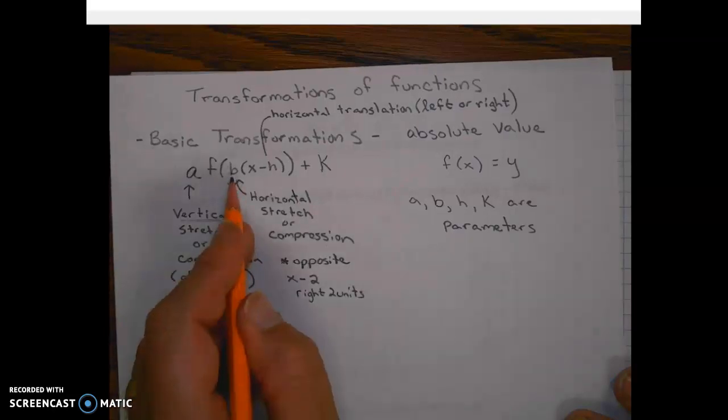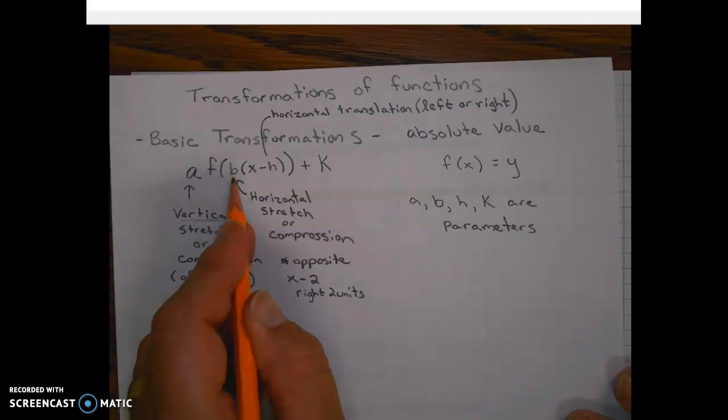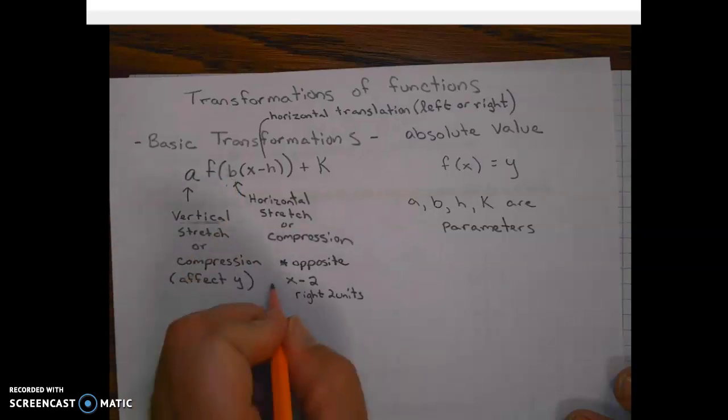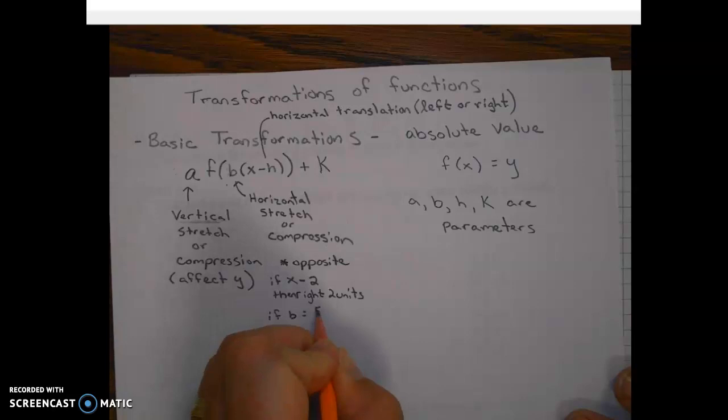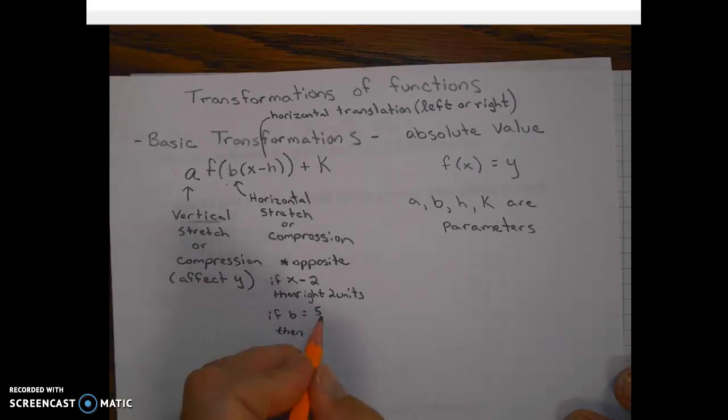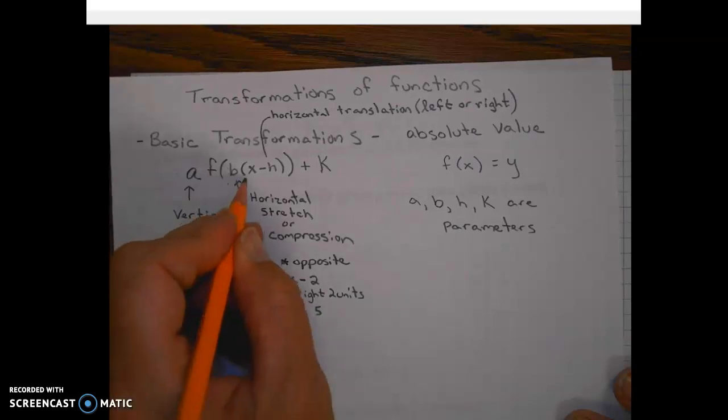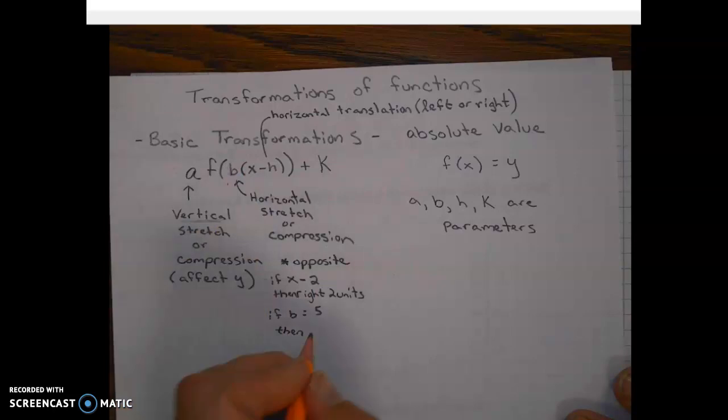Now, if the b value was, say, 5, so that would be an if-then statement here, if b equals 5, then we would be dividing all our x's by 5.